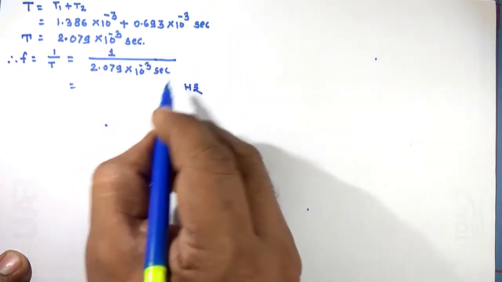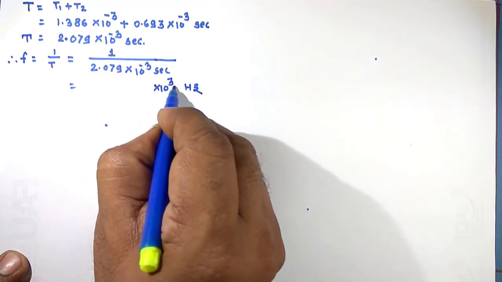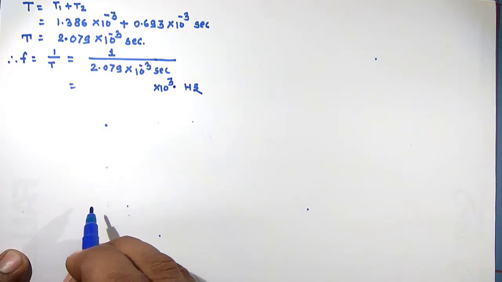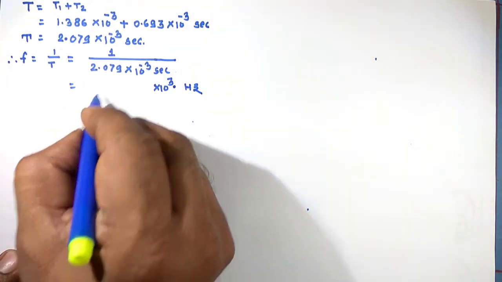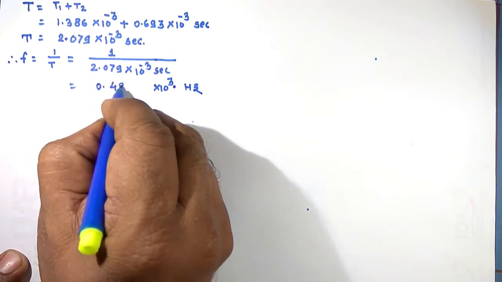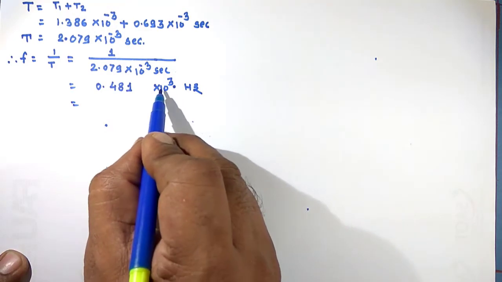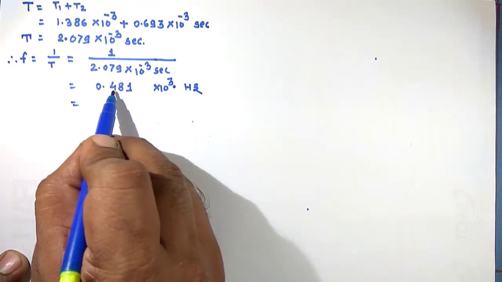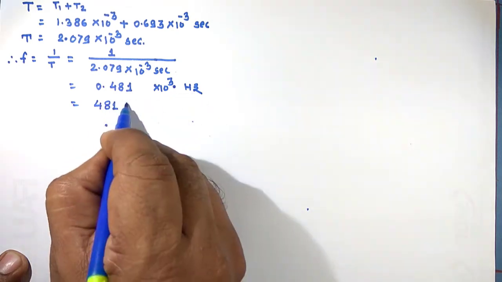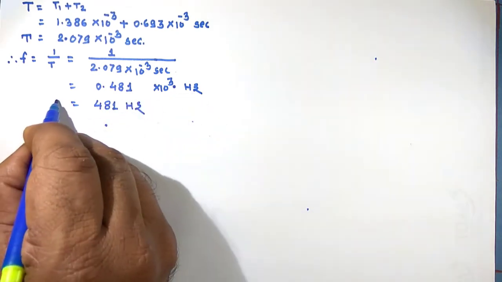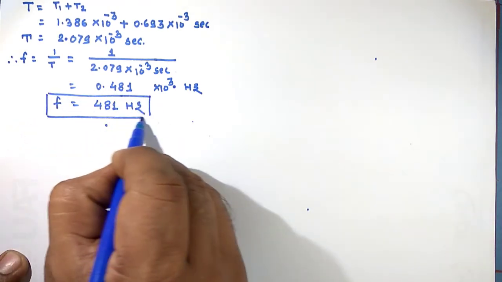This is 1 upon 10 raised to minus 3, so it is 10 raised to 3. So 1 upon 2.079 is 0.481, this is 10 raised to 3. So we will have 481 hertz. So frequency is equal to 481 hertz.